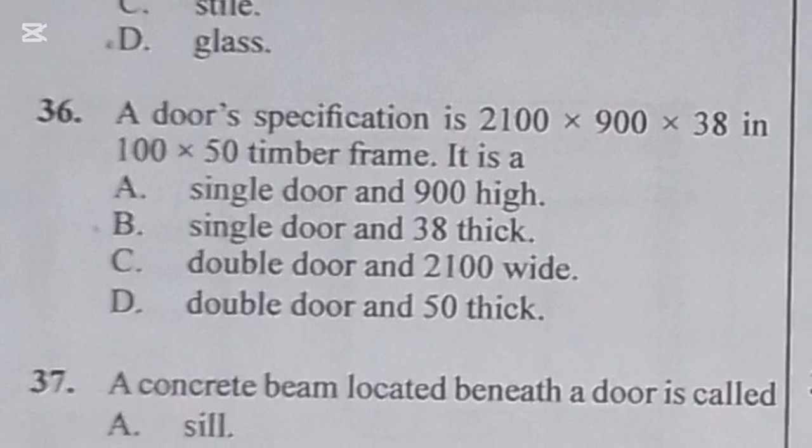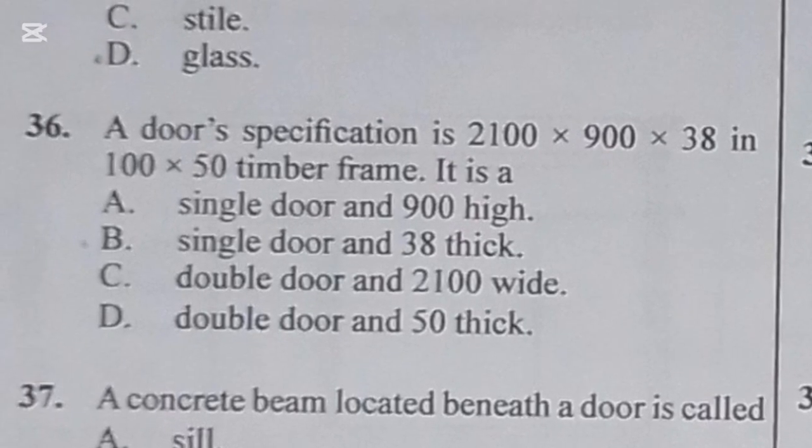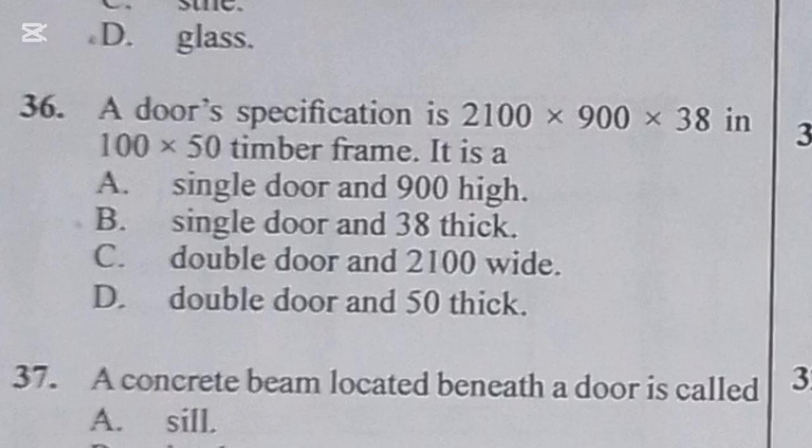Question 36. A door specification is 2100 by 900 by 38 in a 100 by 50 timber frame. It is a single door, 38 thick.